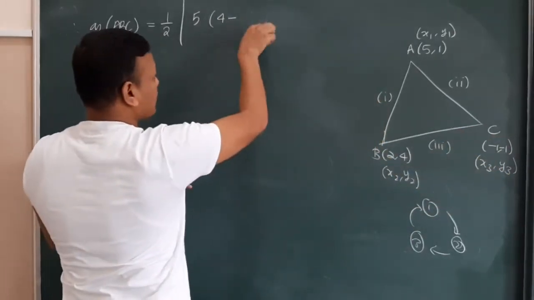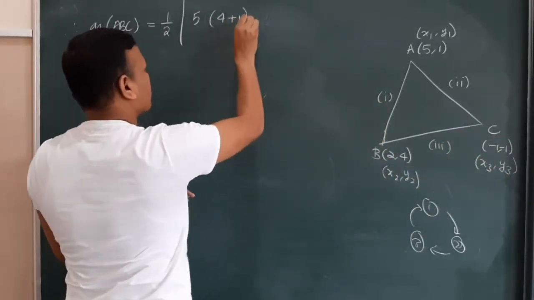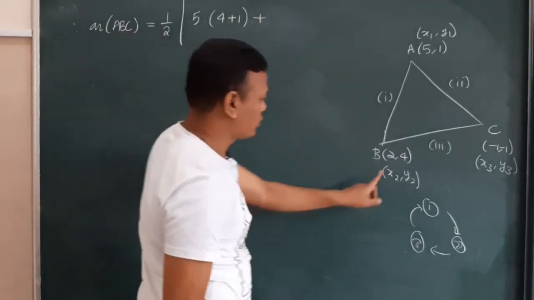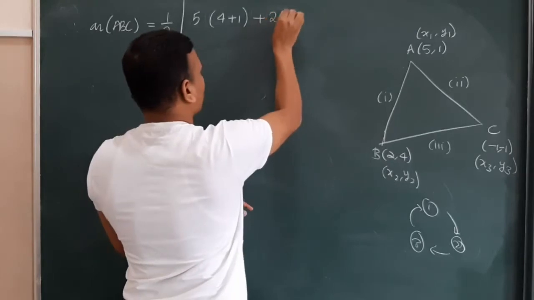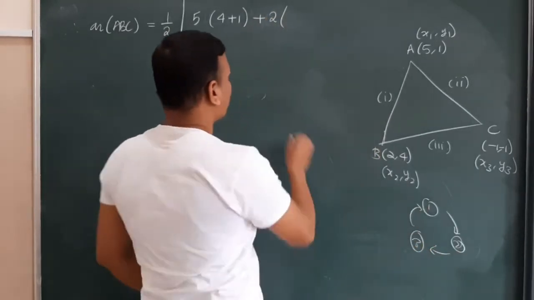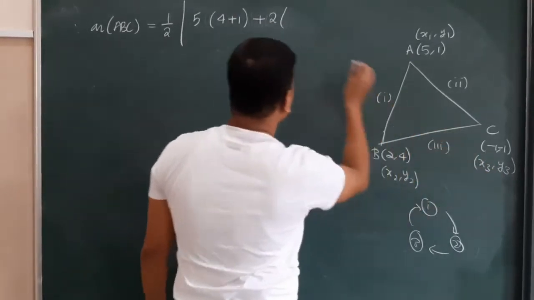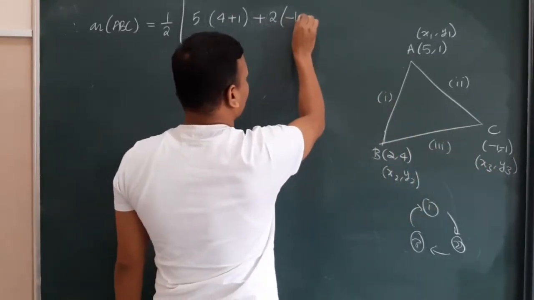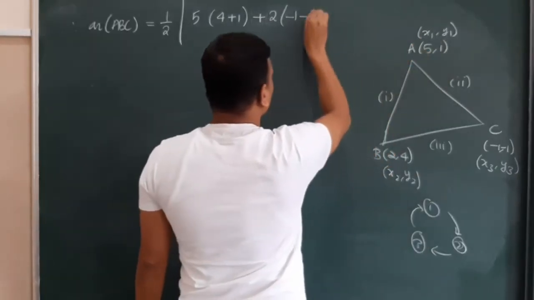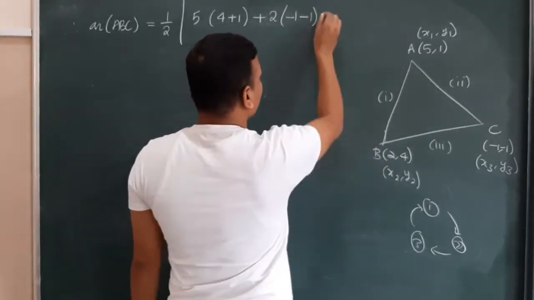So minus into minus 1 becomes plus 1. Plus x2. x2 is how much? x2 is 2. So if you write x2, then you have to write y3 minus y1. So what is y3? y3 is minus 1, minus y1. y1 is how much? This much, isn't it?